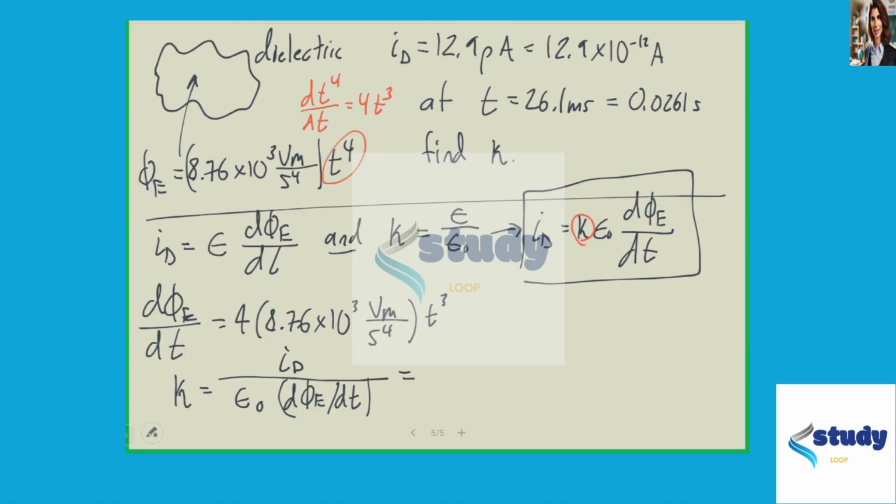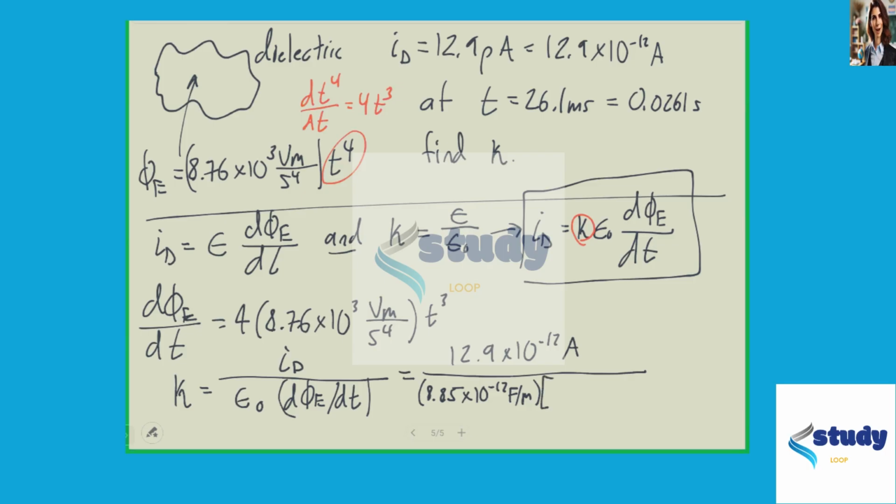So upstairs, we have the displacement current, that's 12.9 times 10 to the minus 12 amperes. And downstairs, we have 8.85 times 10 to the minus 12 farads per meter. That's epsilon naught. And then we have our rate of change.